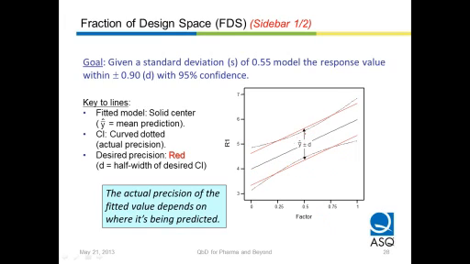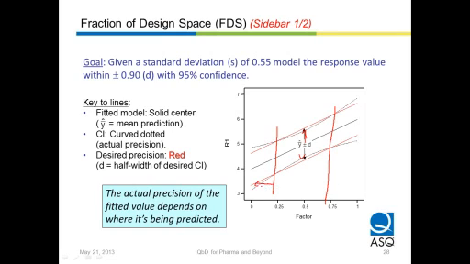Now, let's say that we really want to stay within this plus or minus D that's shown here. If you look at this closely, you'll see that the red line, which is the desired precision, is accommodated only over the middle part of this design. Let's say about 50% of the region is being estimated to within the precision that we're looking for.